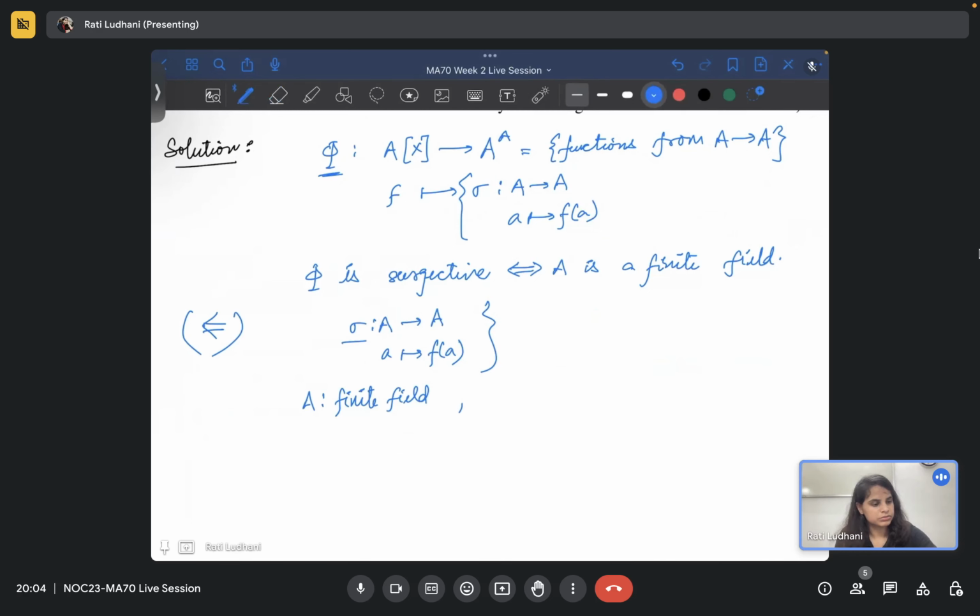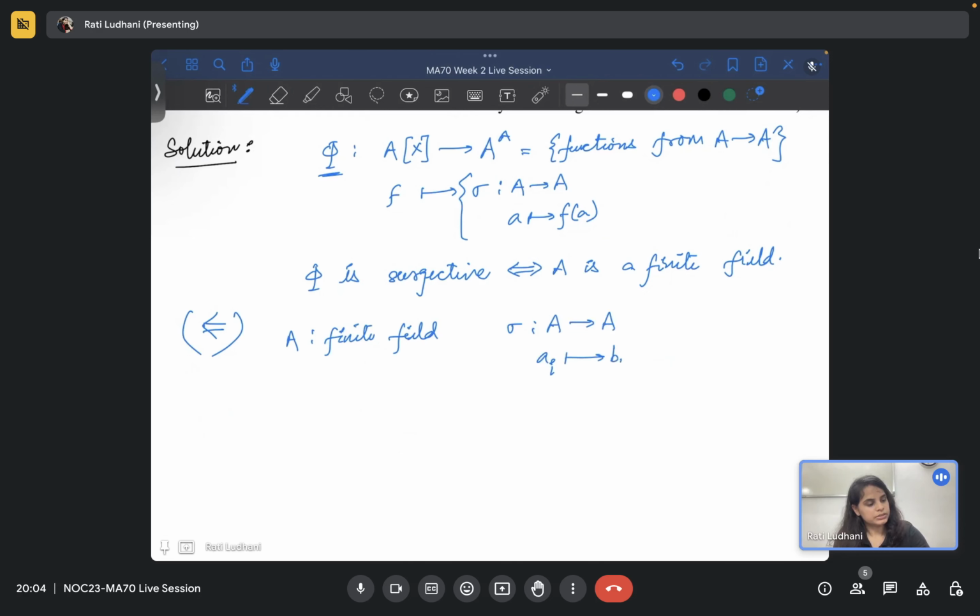So A is a finite field, and sigma from A to A, let's say ai maps to bi. I will number this set as a1 to an, just because this is a finite field, so it has finitely many elements.